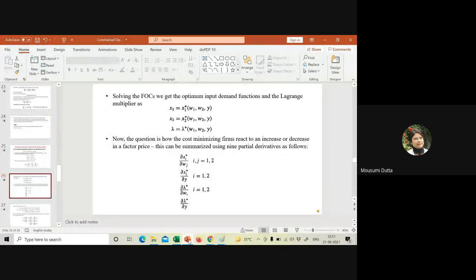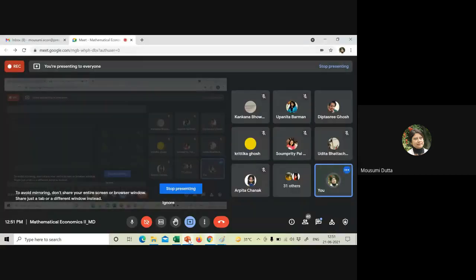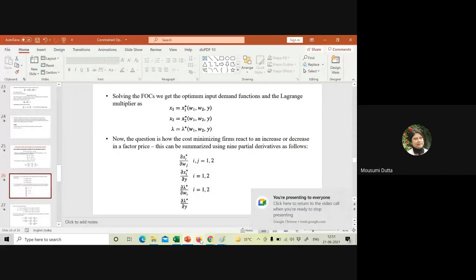Solving the first order conditions, we get the optimum input demand functions and the Lagrangian multiplier given by x1, x2, which are functions of the parameters of the model. These are functions of W1, W2, and the output level Y. So all three elements, x1, x2, and lambda, are functions of this.